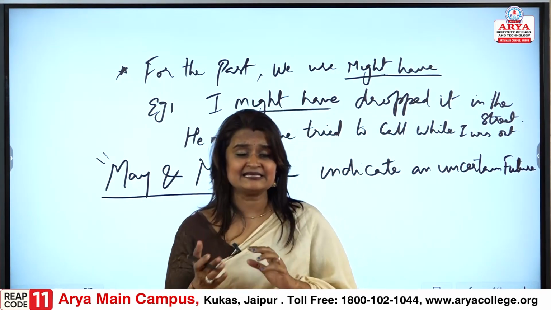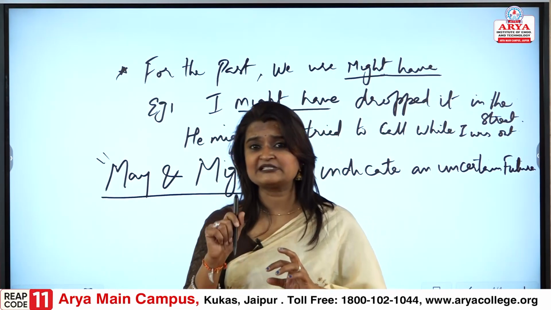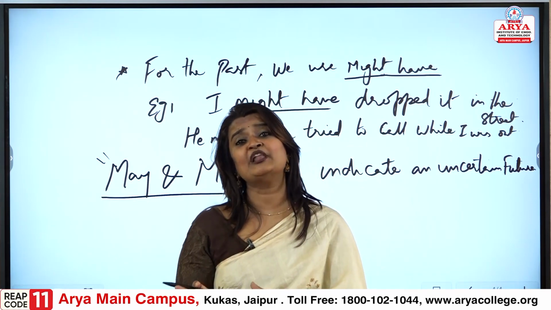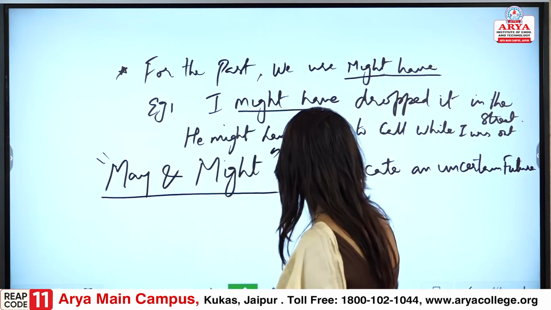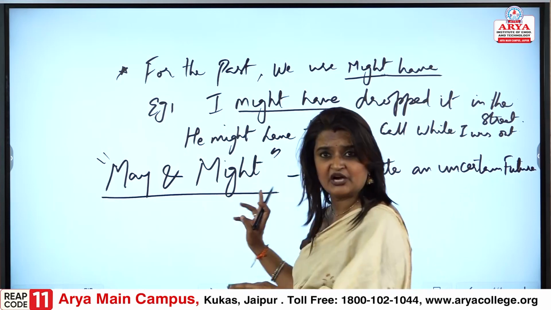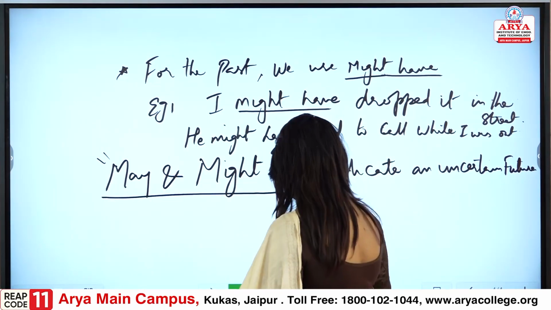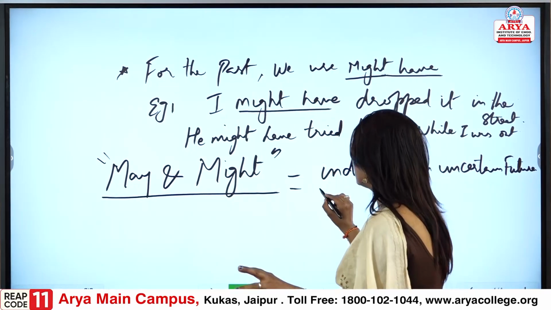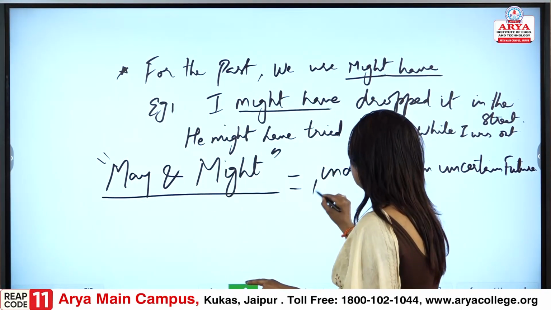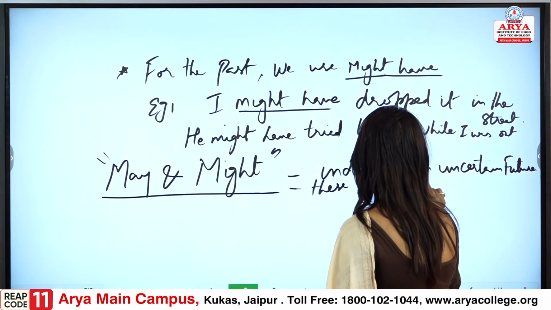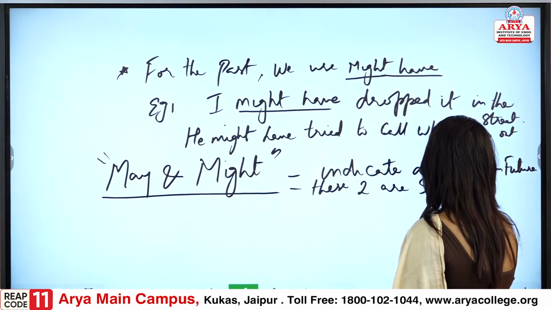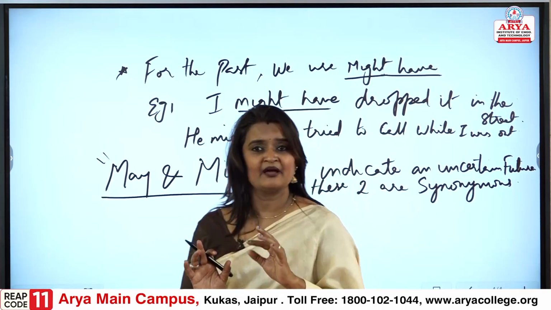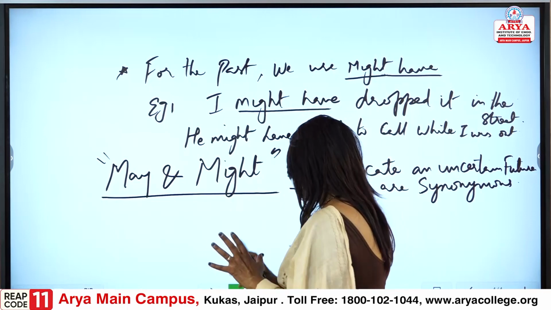Why uncertain? Because we already know one thing, there is a smaller possibility. And one more important point is that these two, may and might, are synonymous words. These are synonymous modal verbs.